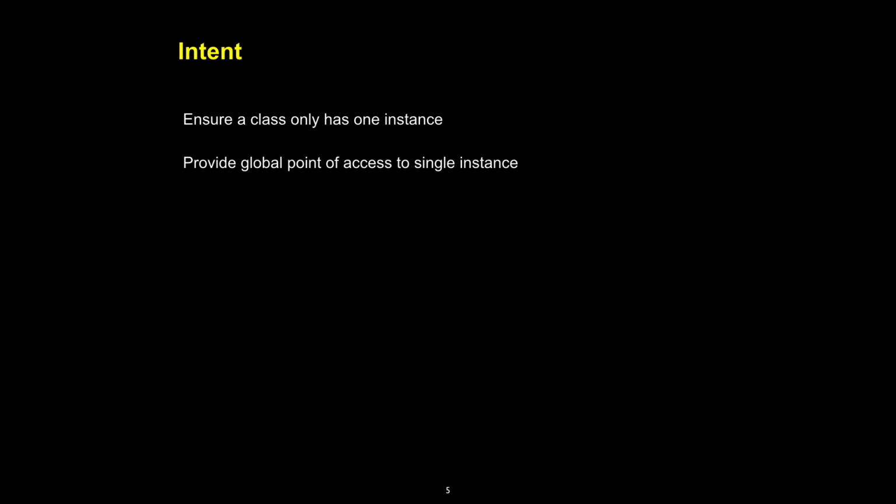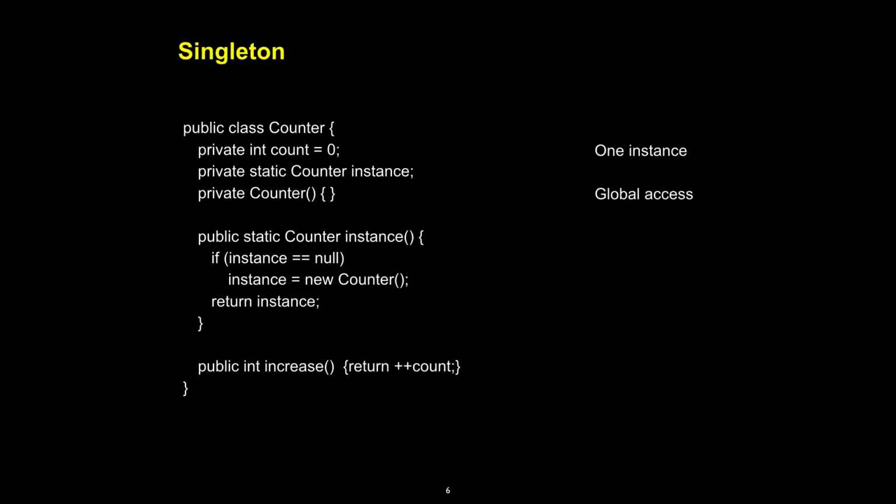The whole intent is we want to make sure the class only has one instance and provide global access to it. Here is a typical implementation in Java, although we'll see some refinements.